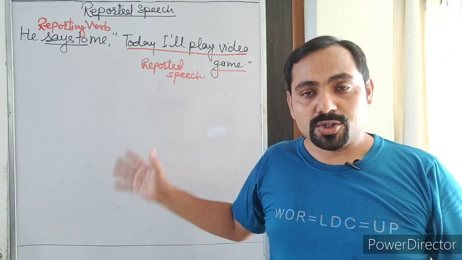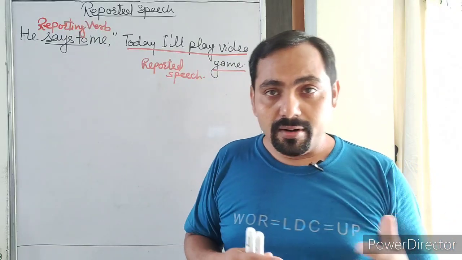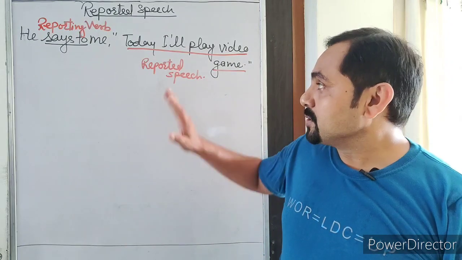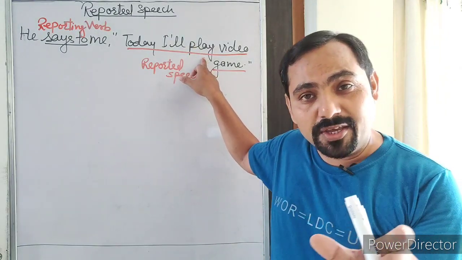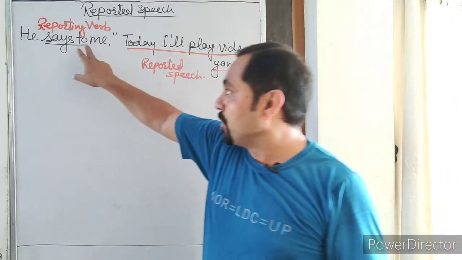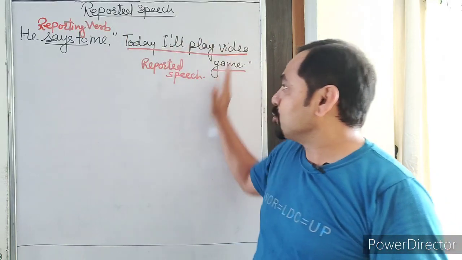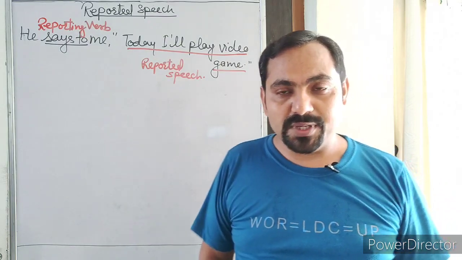These two terms should be very clear. Why? Because I'll be using these two terms regularly during the session. Sometimes people also call the verb which has been used inside the inverted comma a reported verb. Yes, that's also correct. So reporting verb or reported verb, or the whole speech is reported by someone, that is called reported speech.